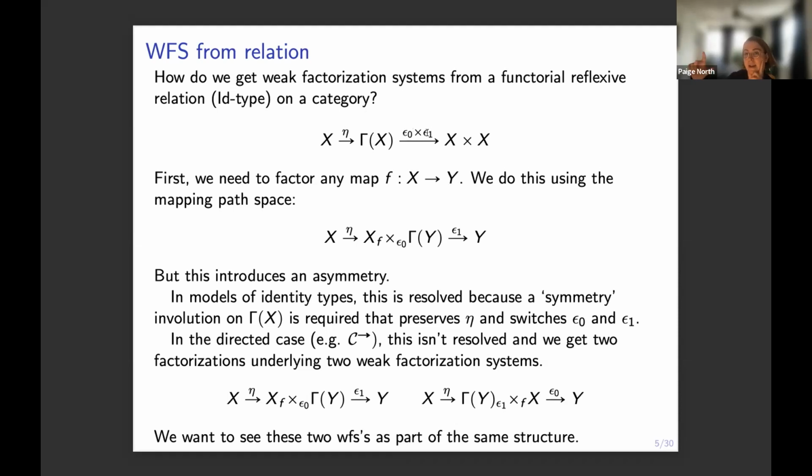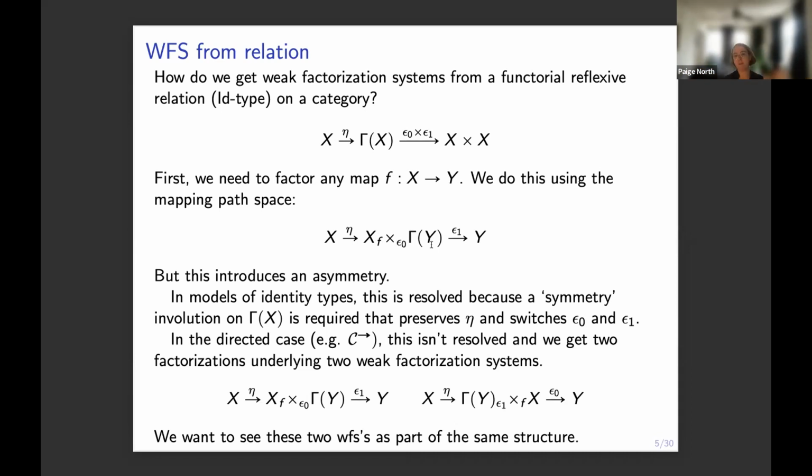So when we think of paths in, say, topological spaces or in simplicial complexes or in homotopy types and homotopy type theory, we can always invert them, and that preserves the constant paths and switches the endpoints. So taking this factorization or the other one where we switch the roles of ε0 and ε1 is at least homotopically just the same as this one.